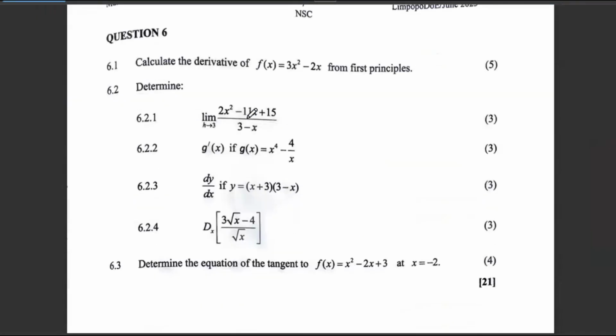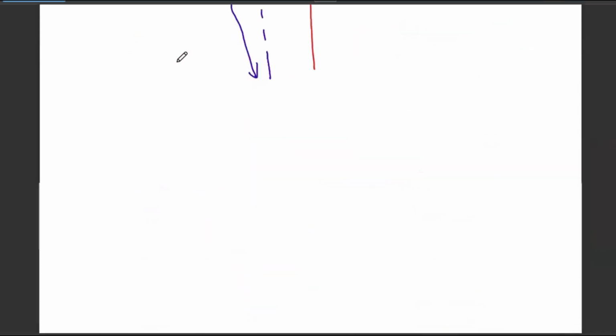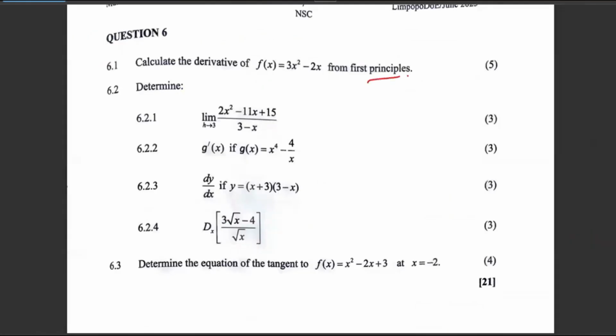Calculate the derivative of this from first principles. Let's get this side. This is 6.1. So our f of x is 3x squared minus 2x. Correct.